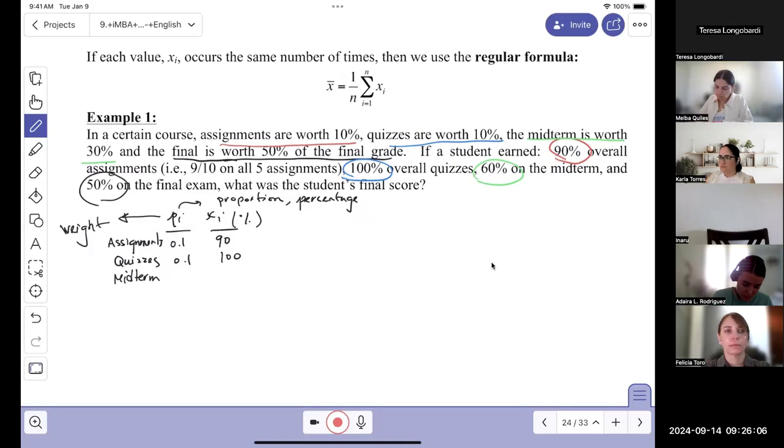The midterm was 30% value, and it's 60. And finally, the final has a value of 50%, and the student earned a 50%.